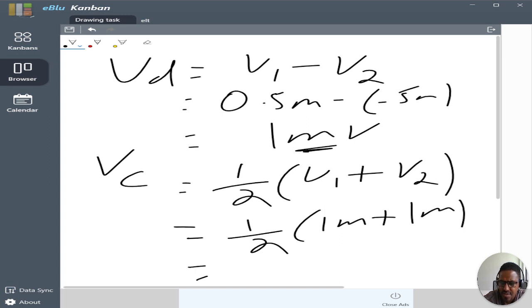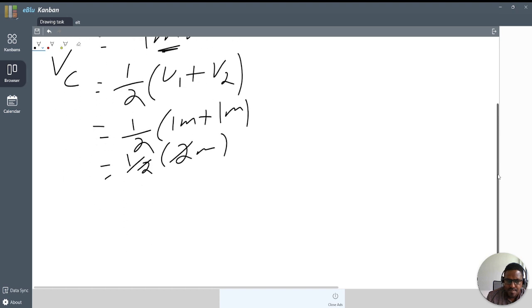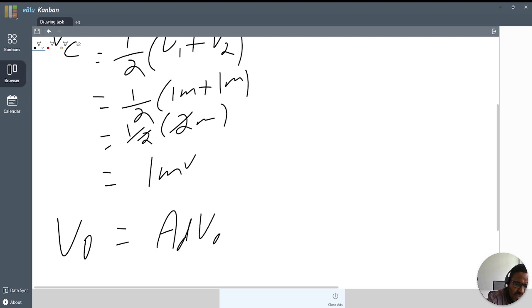This becomes 1 over 2 times 2, so 2 by 2, which becomes 1 millivolt.